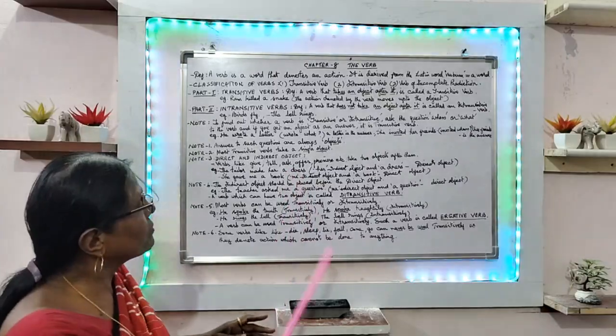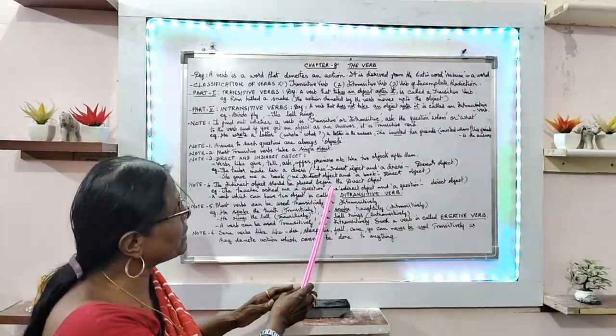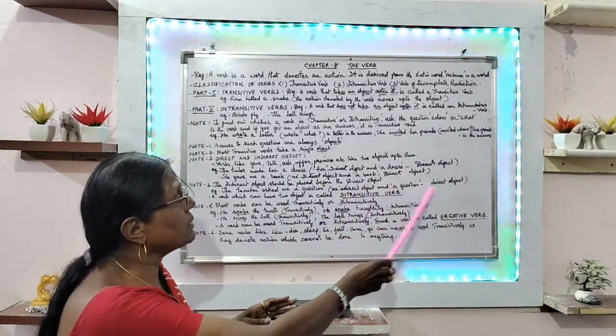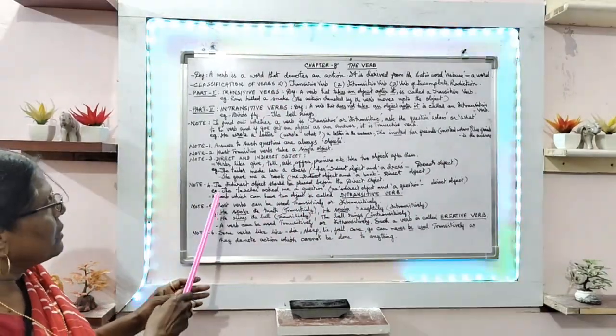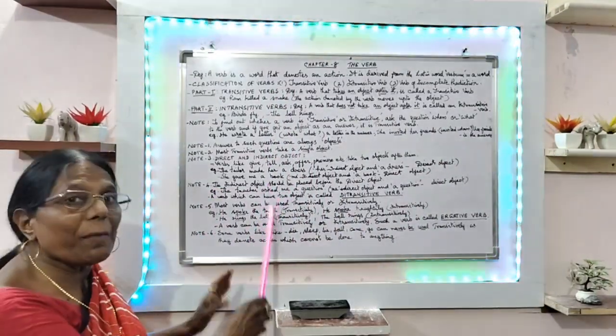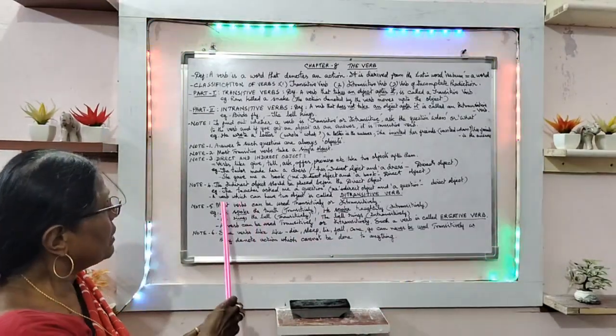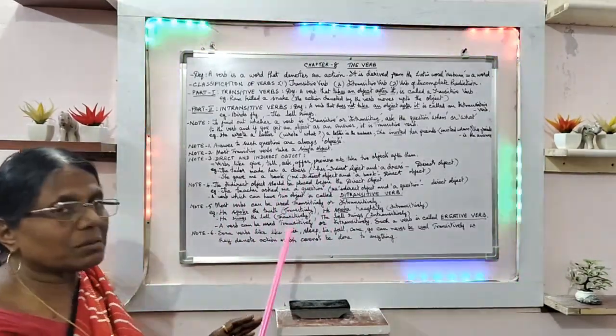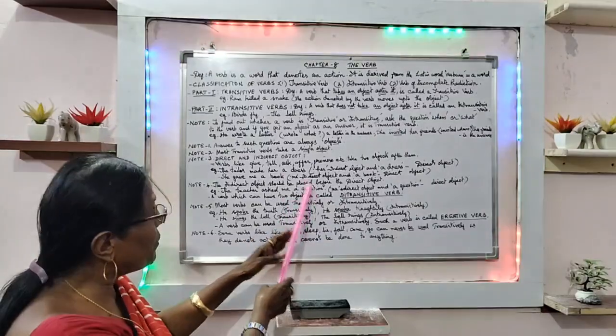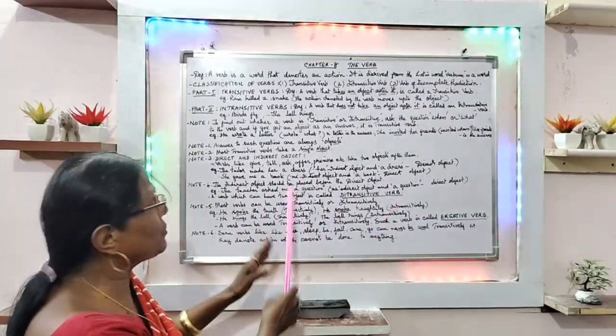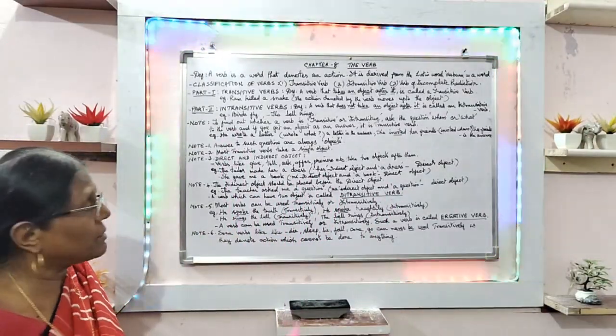She gave me a book. Me is the indirect object and a book is the direct object. The indirect object should be placed before the direct object, not after. The teacher asked me a question. So before the direct object, the indirect object is placed.